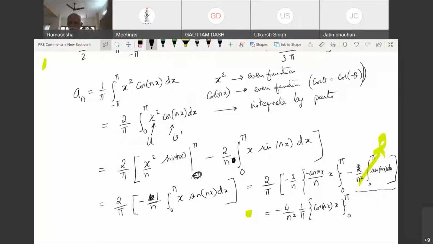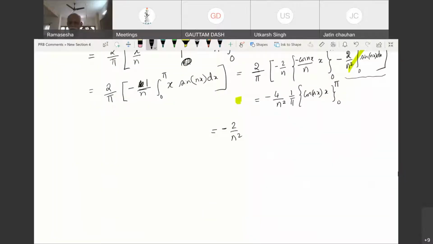So this is going to give me n squared, and this one will be 1 upon pi into pi. So cosine of pi, negative and negative, will that be positive? No, negative won't be positive.